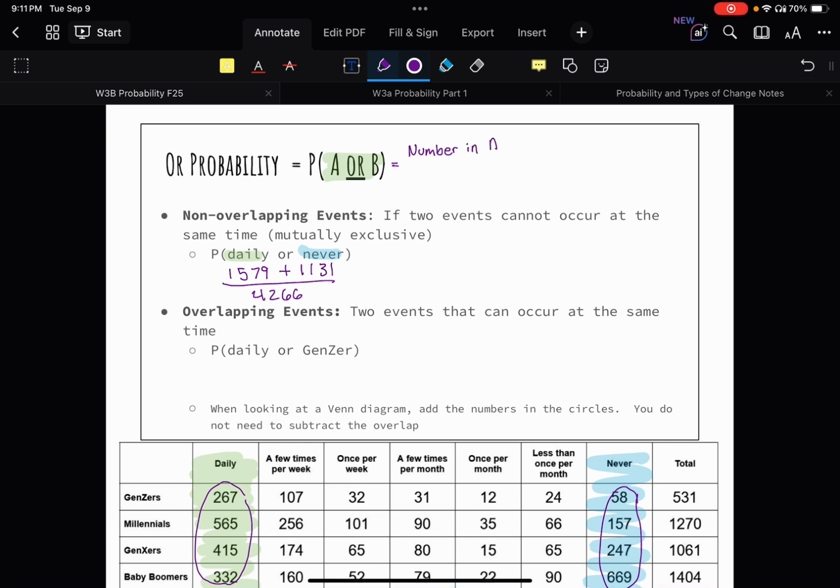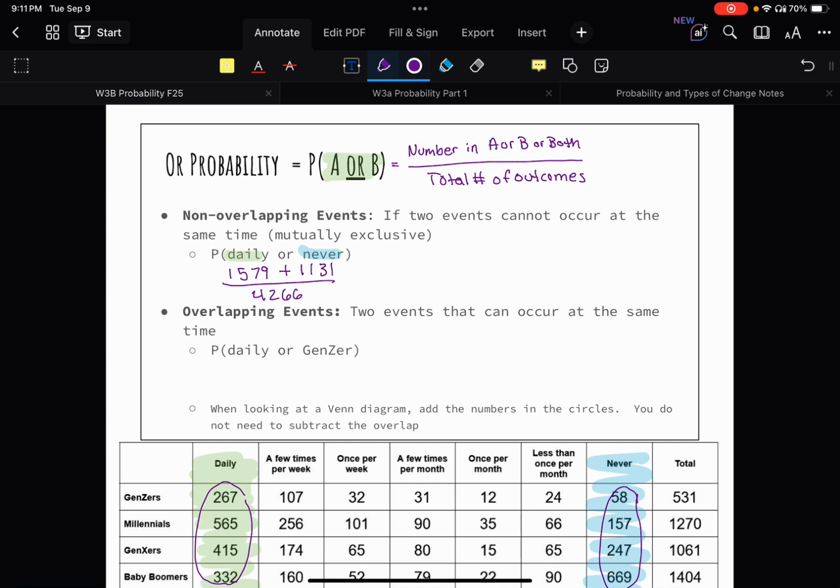So the reality is, just like in our previous probability, I'm looking for the number in A or B or both, out of the total number of outcomes. Now, in this case, there was no both.